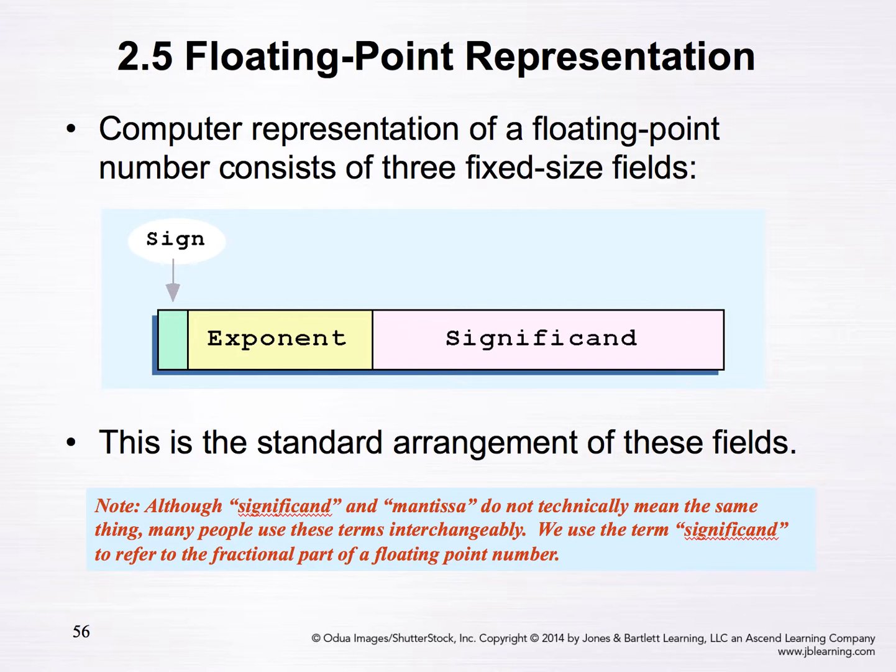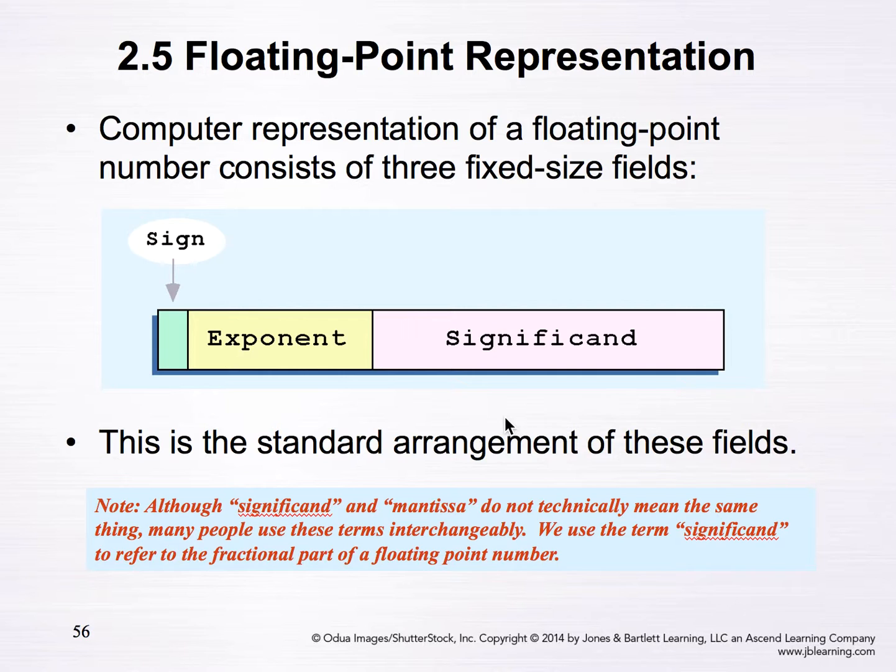The computer representation of a floating point number consists of three fixed-size fields. The first field represents the sign of the number, the second field represents the exponent of the number, and the last field represents the significand of the number. This is the standard arrangement of the fields.